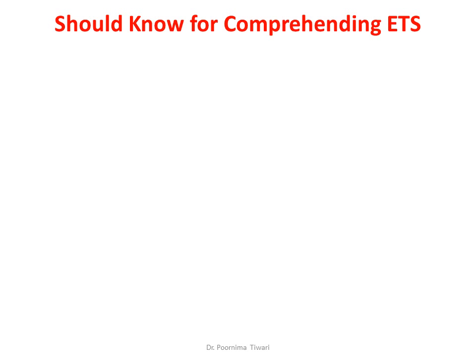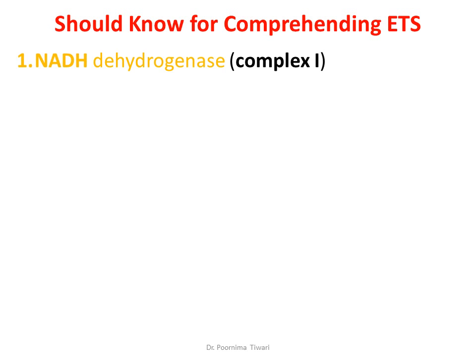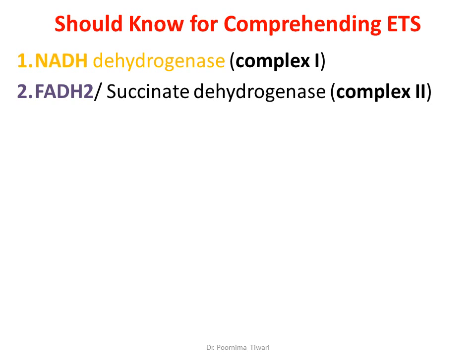Some more facts for simplification of the electron transport system: NADH dehydrogenase, an enzyme which removes H from NADH, is known as complex 1. Succinate dehydrogenase, which is part of the FADH2 generation in the Krebs cycle, is also known as complex 2.